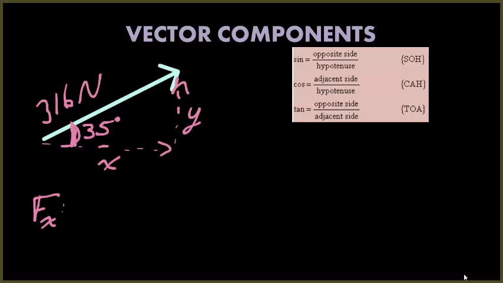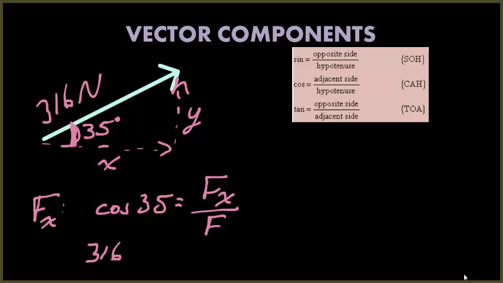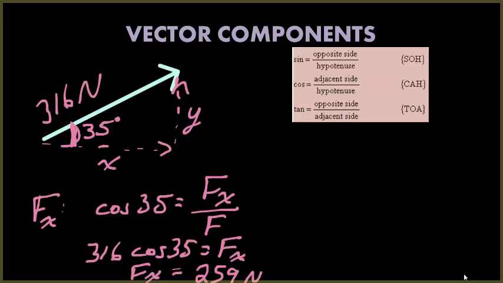My x component happens to be adjacent again, so I'm going to use the cosine function. Cosine of my angle is my adjacent side over my hypotenuse. So I'm going to take 316 times the cosine of 35 to figure out that force in that horizontal direction. When you type that into your calculator, you should get 259 newtons.